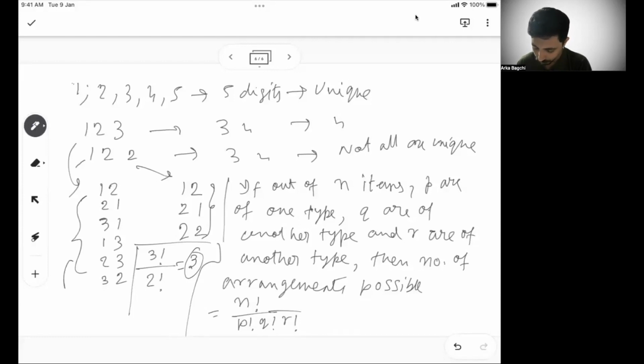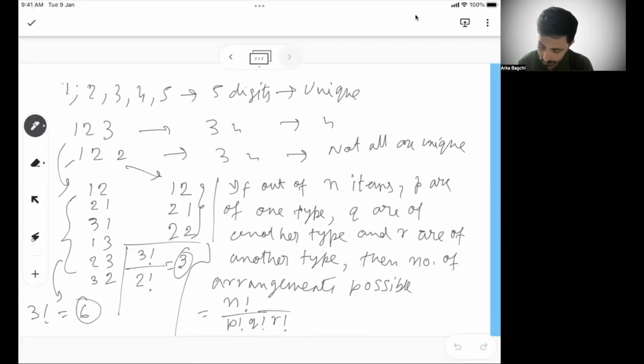And in the other case, you don't have any commonality, so that is factorial 3 only, so 6 as an answer. So understand this: if out of n items you have p items of a certain type and q items of another type, then it will be factorial n by factorial p into factorial q. If you have r also of a certain type, then factorial n by factorial p, factorial q, factorial r.